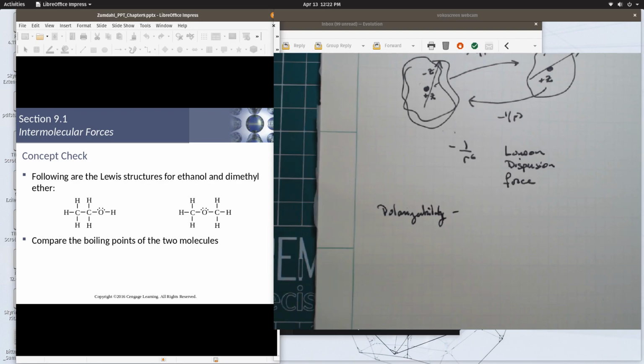Okay, here we have ethanol and dimethyl ether. Okay, the boiling points of the two. Which one is going to have a higher boiling point, based upon what we know? So we can think about this and look at ethanol.